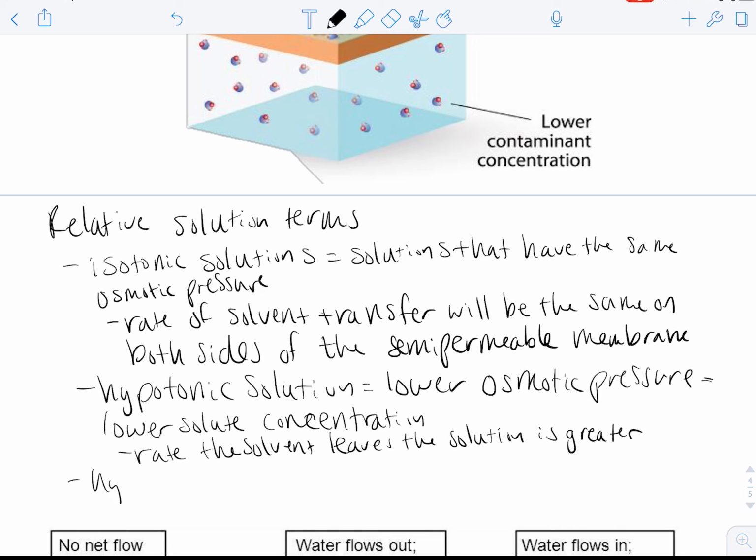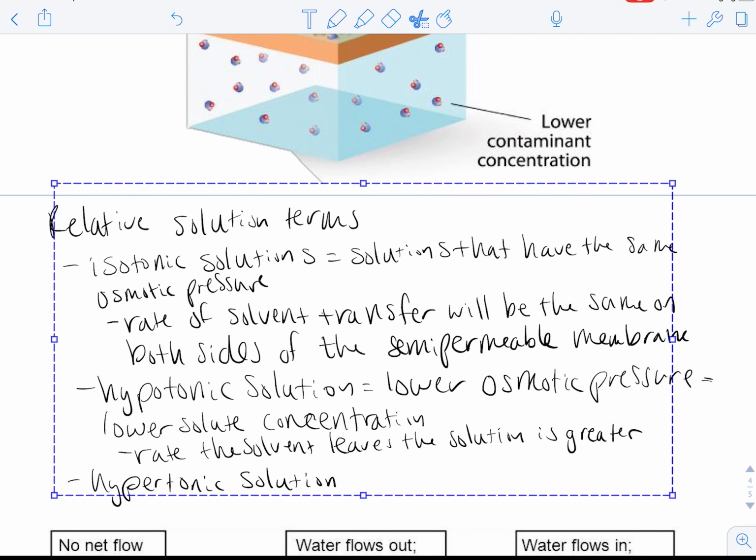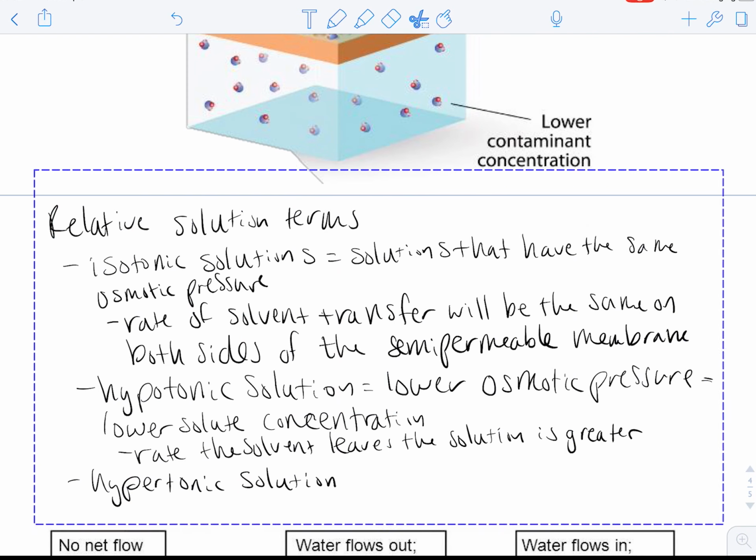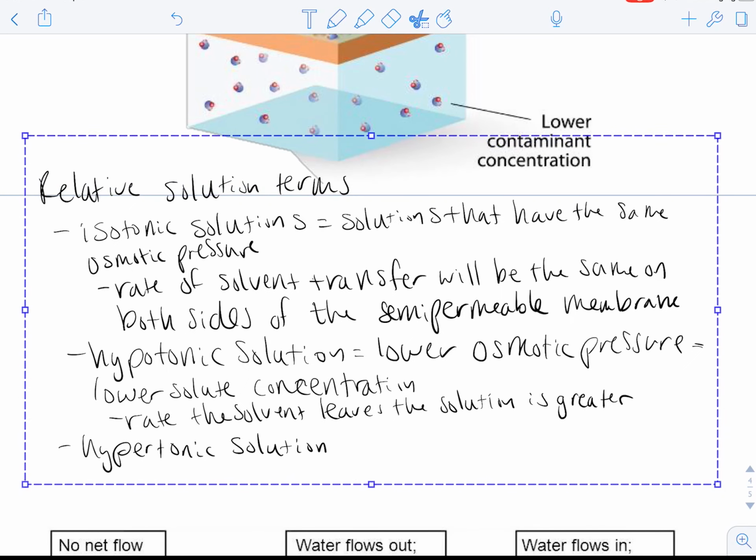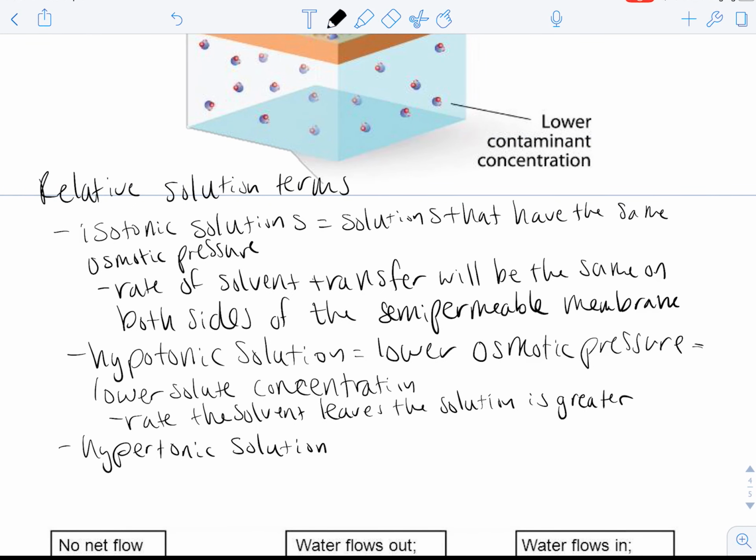Okay, last we have hypertonic. So a hypertonic solution is going to be one where we have a greater or higher osmotic pressure.